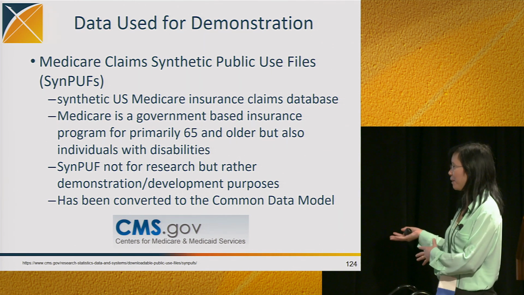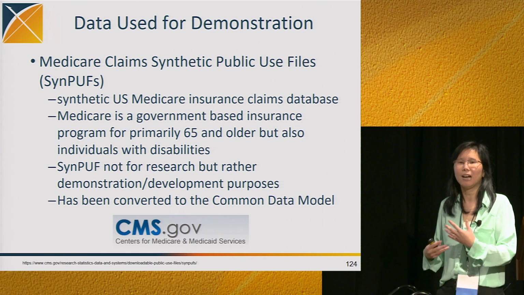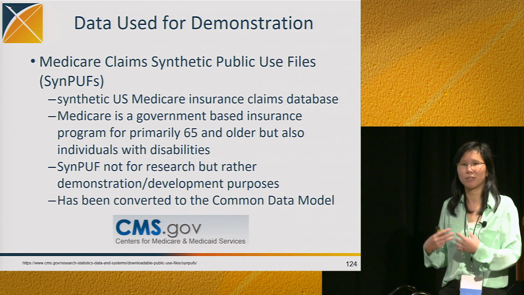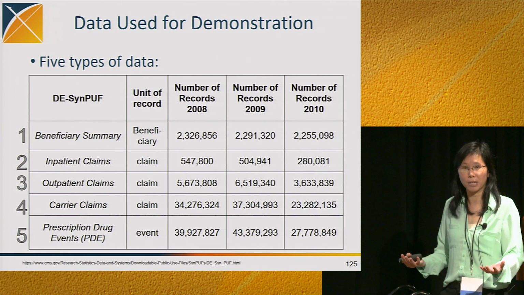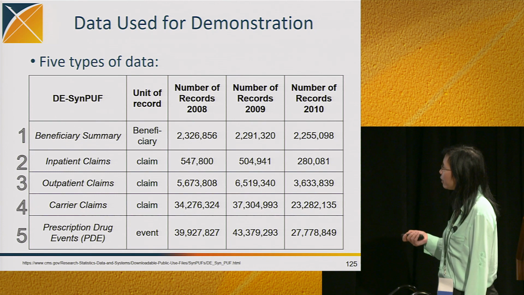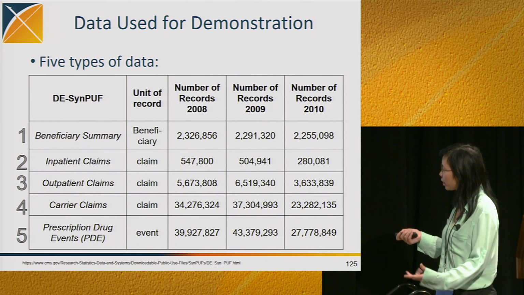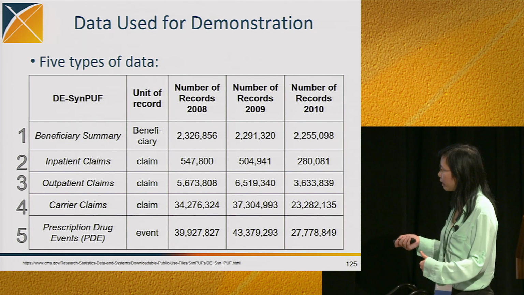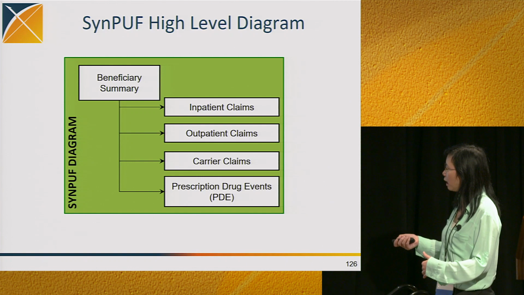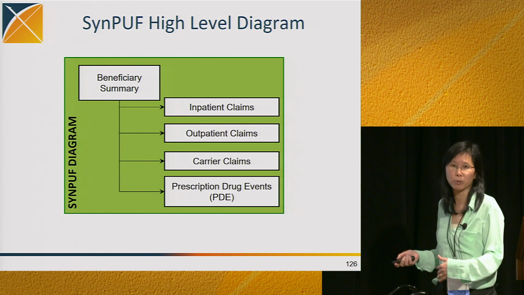That's why we have a SynPuff series out there, so you can see the work that we've done and be able to play with it without us, or anyone, having to charge you an arm and a leg for it. Okay? In the original data, there are 5 different files. These are the 5. You have the beneficiary, the inpatient claims, the outpatient claims, the carrier claims, and the drugs. So all 3 of these are different types of claims versus these are the prescriptions.